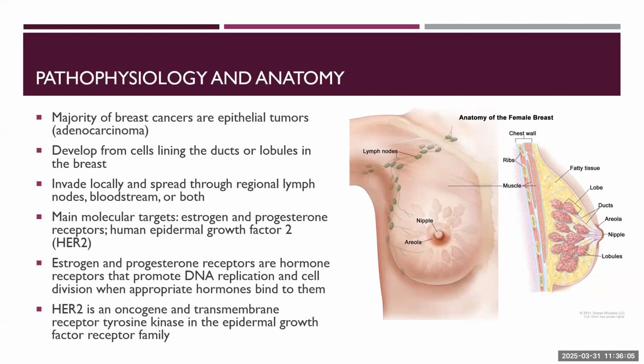As far as HER2, it is an oncogene and transmembrane receptor tyrosine kinase in the epidermal growth factor receptor family. So this is a normal gene that makes protein receptors that are involved in the growth and division of cells in the breast. These are going to be important when we talk about treatment, because we're either going to target the hormone receptors or we're going to target HER2.